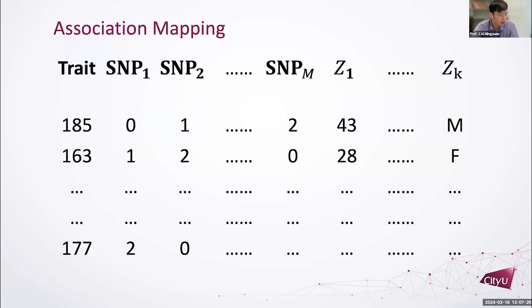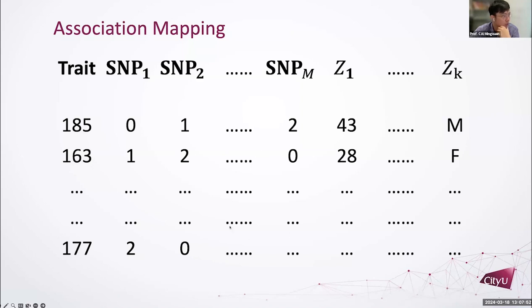Okay, so first let's look at the data set. For GWAS, genome-wide association study, we usually have this kind of data structure. We get some trait vector, which can be either a complex phenotype or some expression quantitative trait or proteomic quantitative traits. At the same time, we get some genotype matrices here.